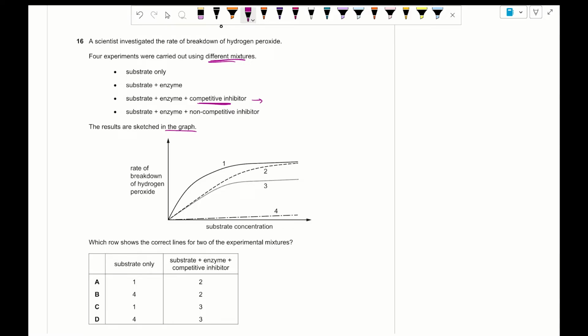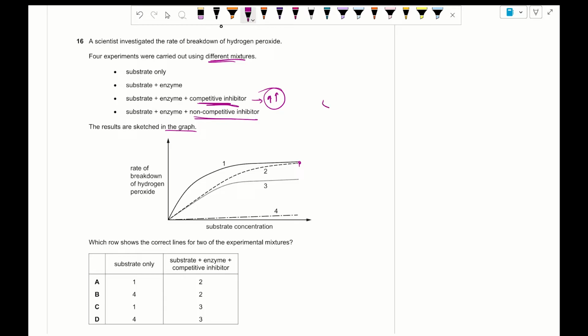However, increasing the substrate concentration cancels out the competitive inhibitors. So as we increase the substrate concentration, the effect of the competitive inhibitor decreases and the rate of breakdown of hydrogen peroxide, as an example, reaches the optimum. Contrasting a non-competitive inhibitor which binds to an allosteric site.